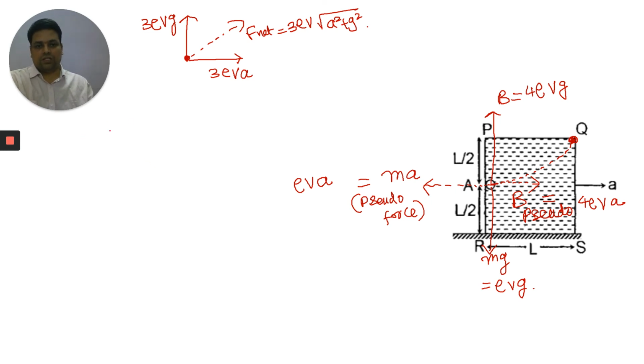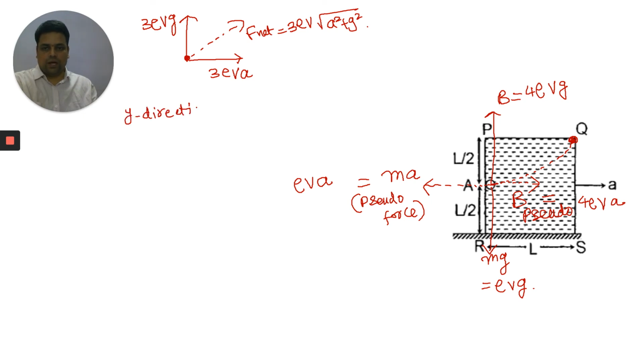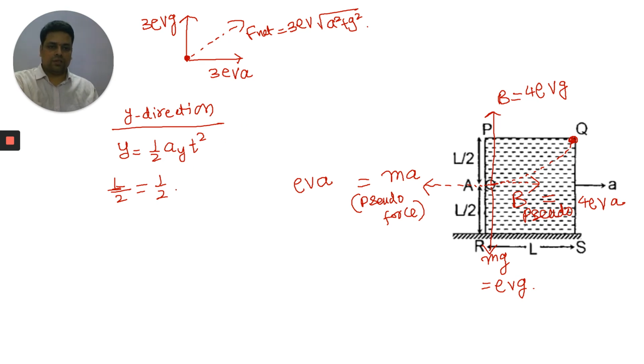For the time taken to reach there in the y direction, we get the equation: displacement y is equal to half into acceleration in y direction into t². I think this would be L by 2, into the acceleration in the y direction, which is force by mass.